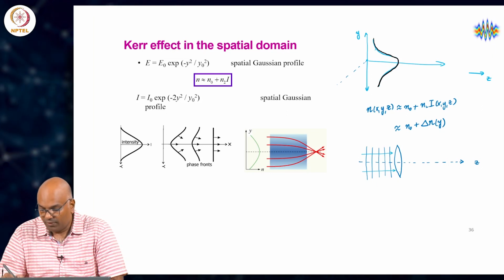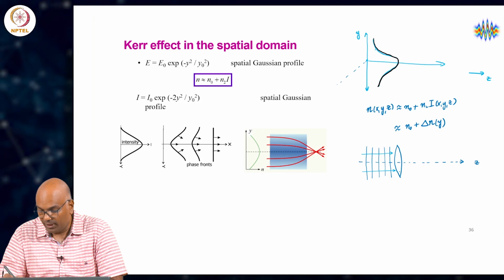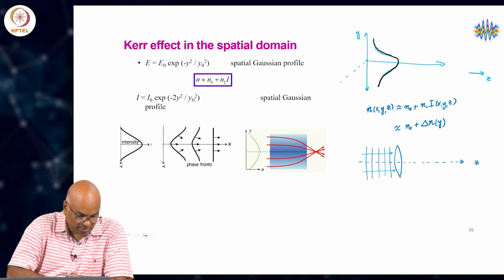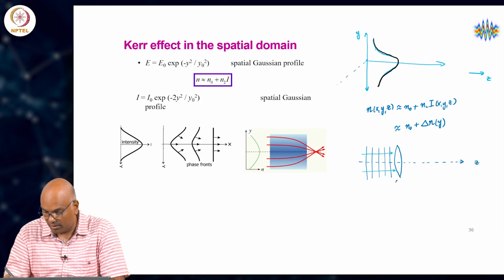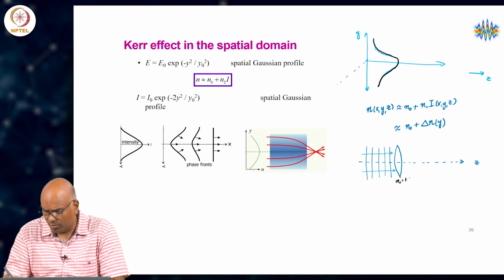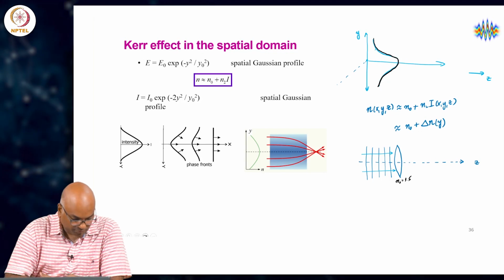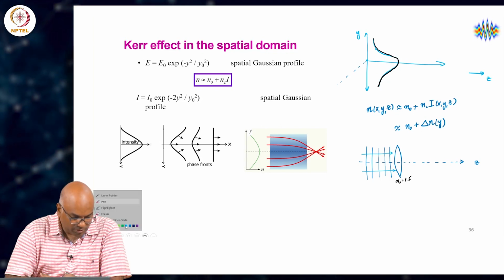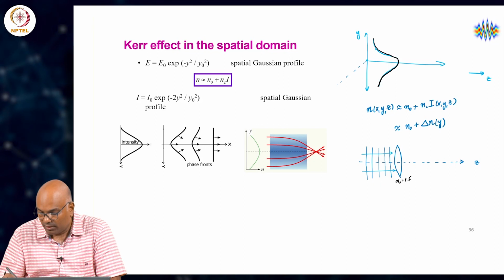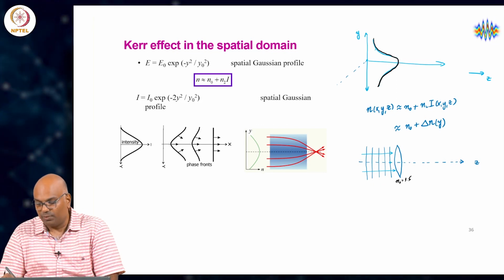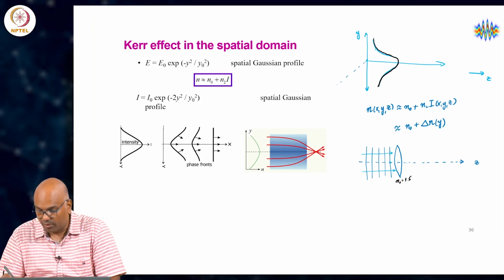Now, if the refractive index of the glass is typically, let us say, n0 is 1.5, then we can do some visual math and say that the center of this beam passes through a thicker amount of glass.